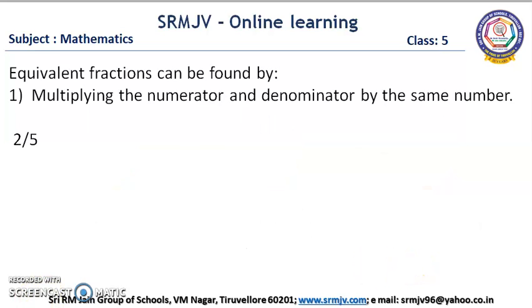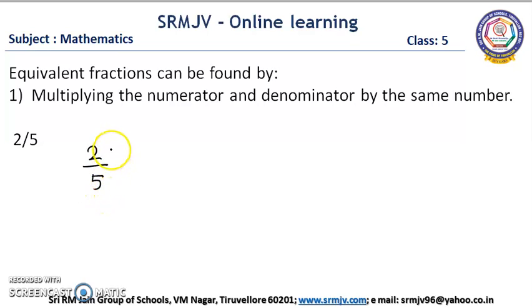How will we find the equivalent fraction? See here, equivalent fractions can be found by multiplying the numerator and denominator by the same number. Let us see one example. We have a fraction 2/5. Now we are going to find equivalent fractions for this fraction.